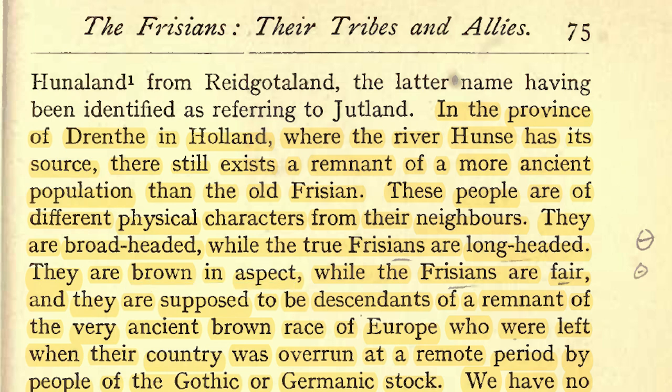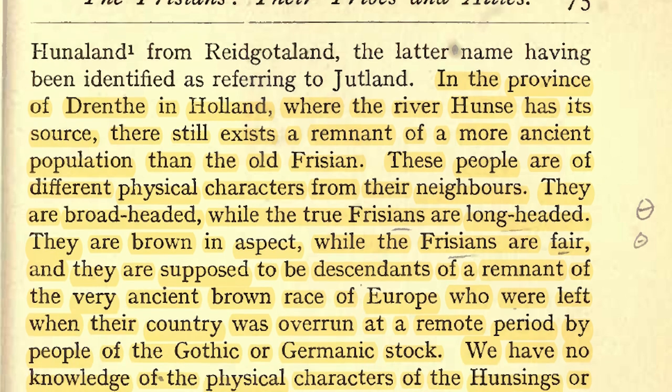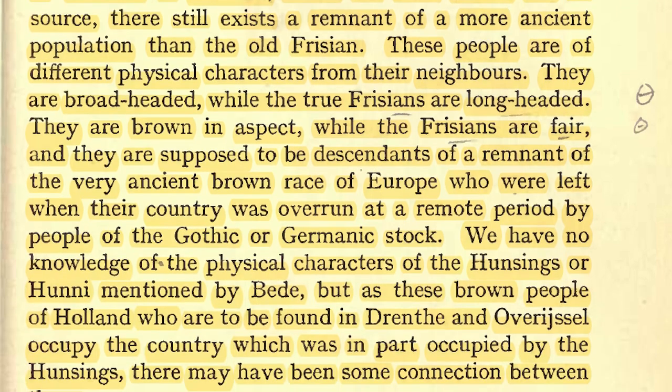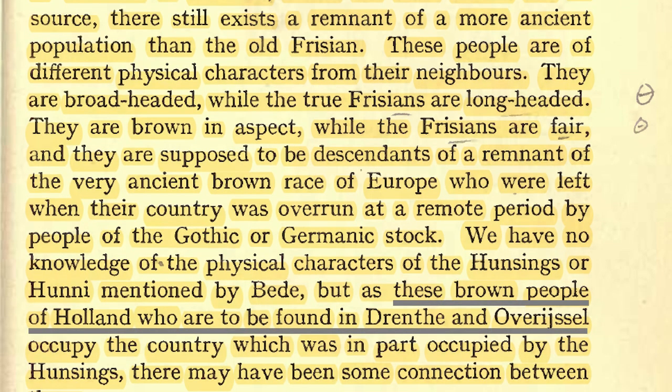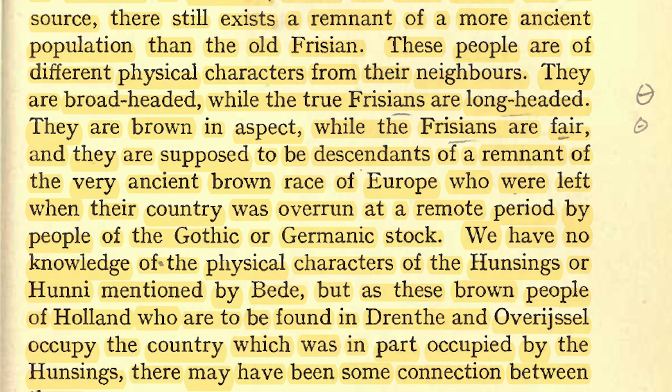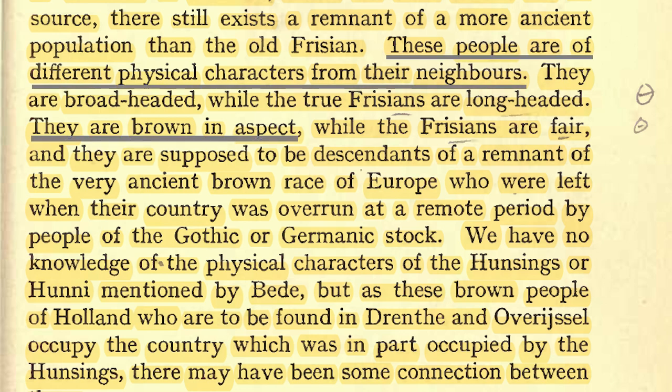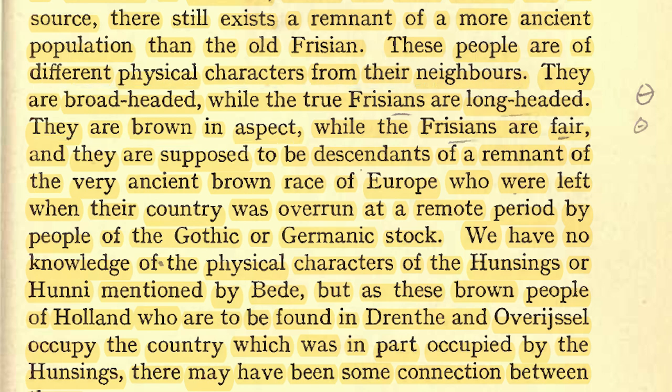And then you drop down to the very ancient brown race of Europe. Okay, you drop down some more. You can see that it's talking about these brown people of Holland in Drenthe and Overijssel occupying the country. The main takeaway is talking about how these brown people are of a different physical character from their neighbors, the people who over time became associated with the Frisian people.